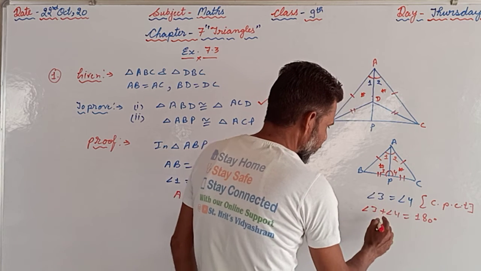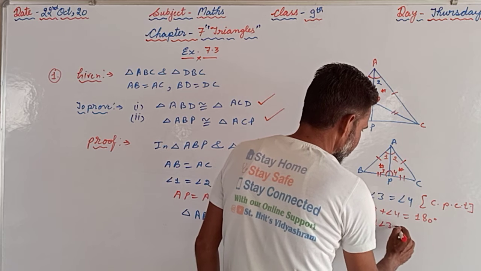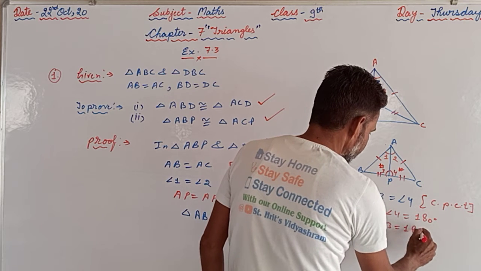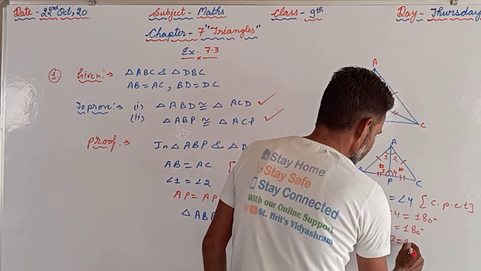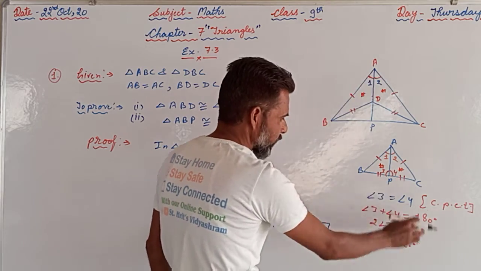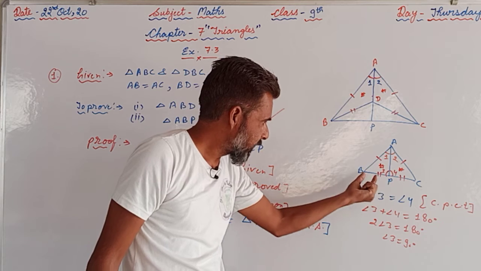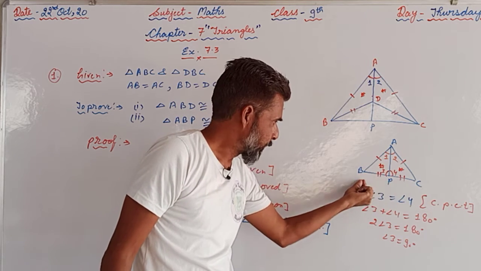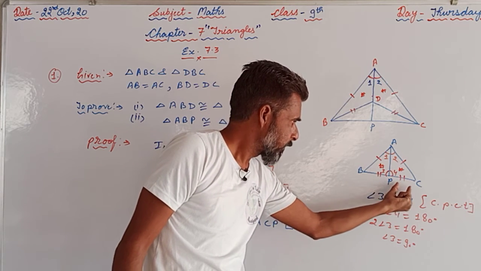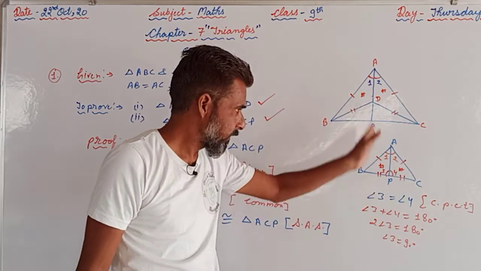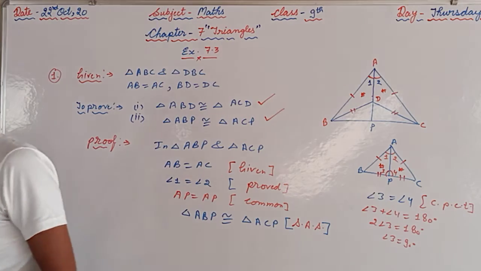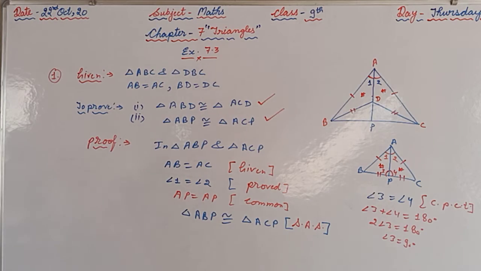Angle 3 is equal to angle 4, so twice angle 3 is equal to 180, and angle 3 is equal to 90, and angle 4 is equal to 90 as well. So this is 90 degrees, as well as this is dividing BC into two equal parts, BP and PC. So we can say that AP is the perpendicular bisector of BC.